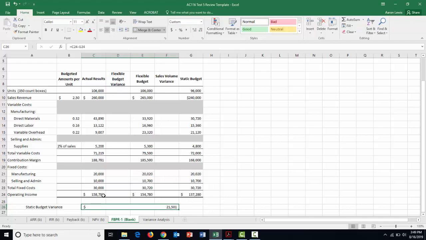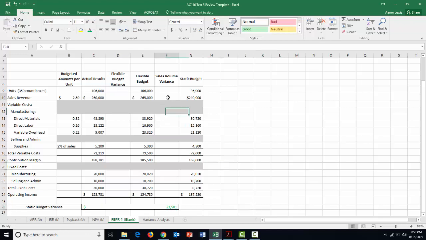We actually have $158,781. So that is a favorable variance. If you want to, you can go and type in 21501F. I'm just going to make it easier here. I'm going to mark all favorable variances as green and all unfavorable variances as red. Okay, so we have our static budget variance.